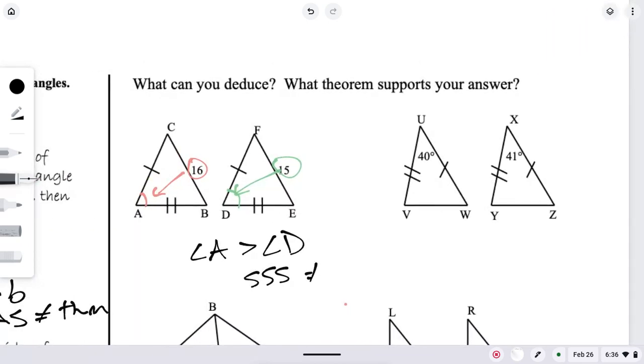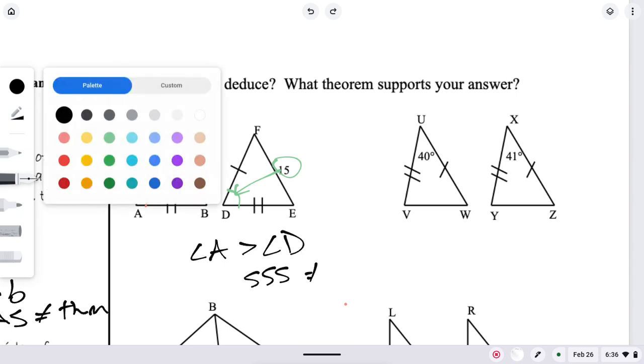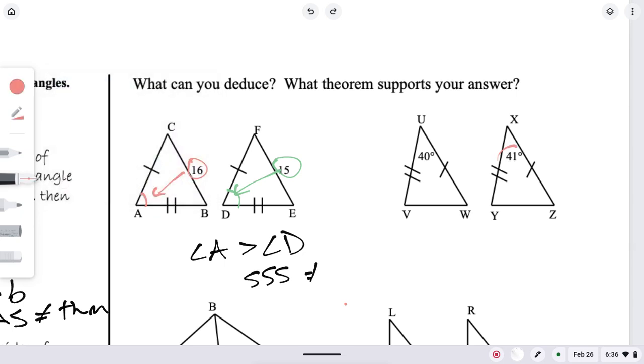On the next two triangles, I'm given angles. And this angle, 41, is bigger than 40. So that means that this side, YZ, has to be bigger than VW. So I'm focusing on angles first, looking at the side second.